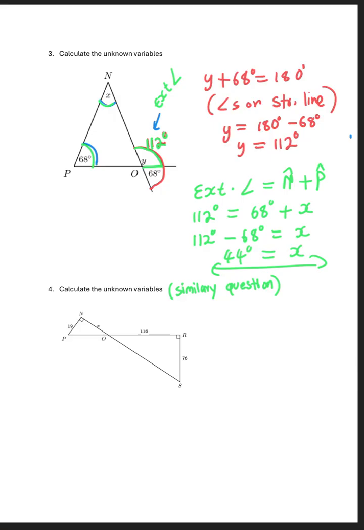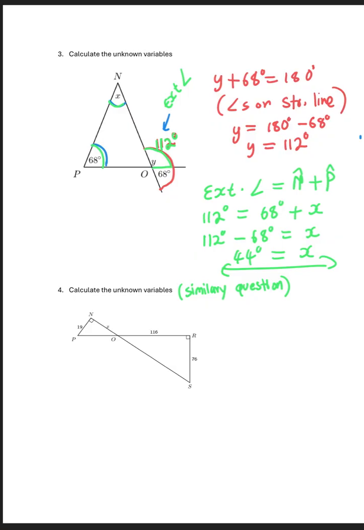So we see that angle N is equals to angle R. They are both 90, right? And then we can also see that this angle and this angle here, they are equal.